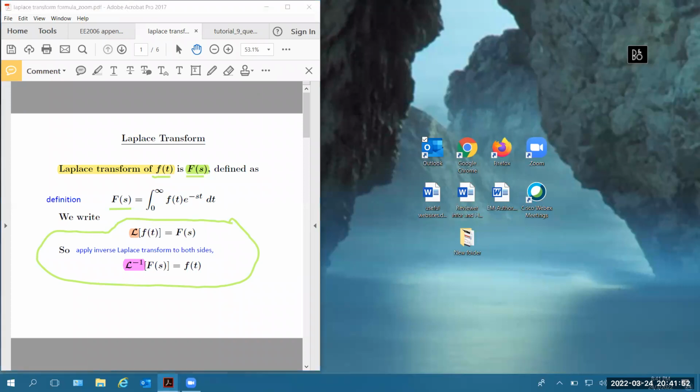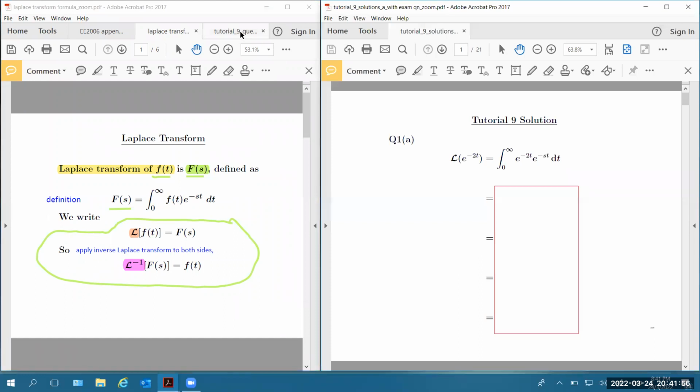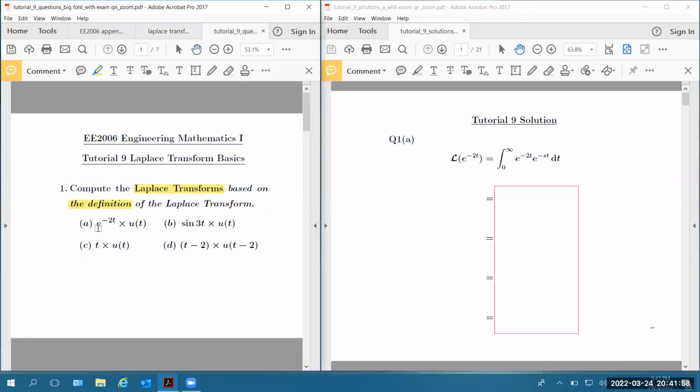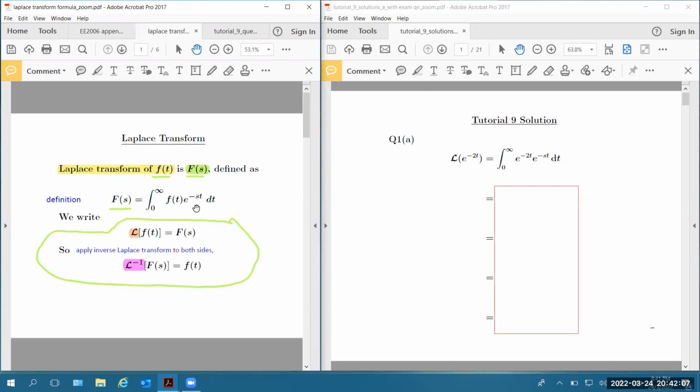Okay, so let's go and look at our solution. The first question is e to the power minus 2t u(t). According to our definition here, I should take e to the power minus 2t, and then there's a u(t).